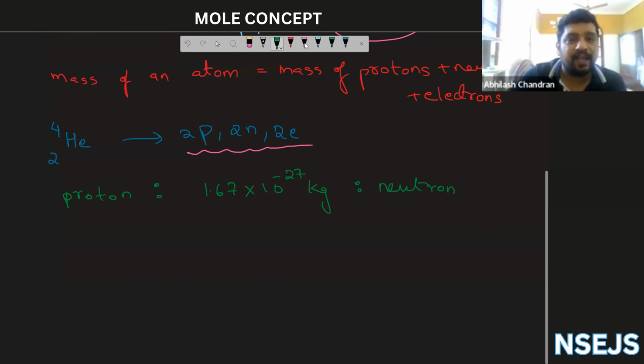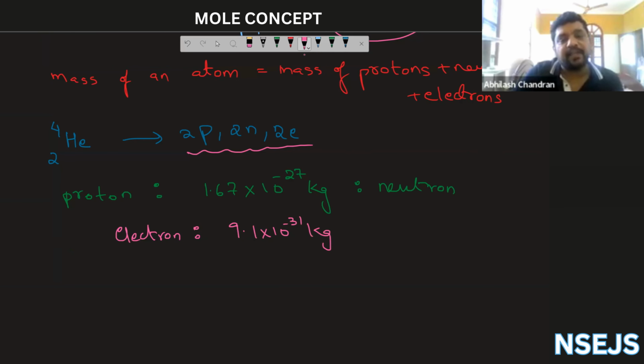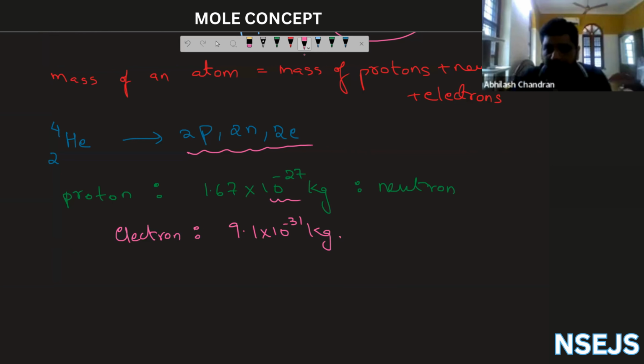And now, as far as your electron is concerned, electron is much lighter, and electron has a mass of approximately 9.1 into 10 to the power minus 31 kg. So as you can see, from the 10 to the power minus 27, this proton and neutron also have very, very tiny mass.